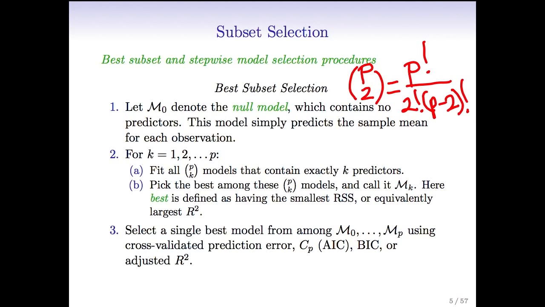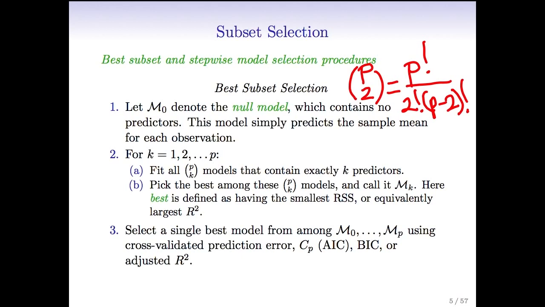Now I'm on to step 3, and in this final step, all that I need to do is choose the best model out of M0 through MP. This step 3 is a little bit subtle because we need to be very careful that we choose a model that really has the smallest test error rather than the model that has the smallest training error.